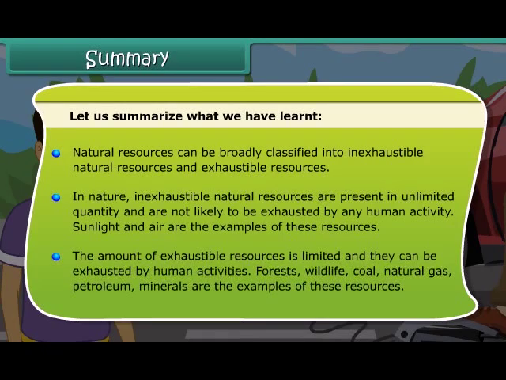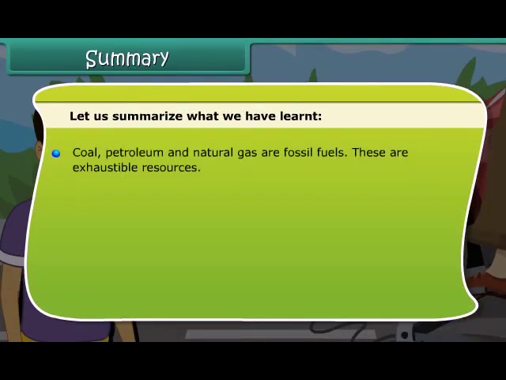The amount of exhaustible resources is limited and they can be exhausted by human activities. Forests, wildlife, coal, natural gas, petroleum, and minerals are some examples of these resources. Coal, petroleum, and natural gas are known as fossil fuels.